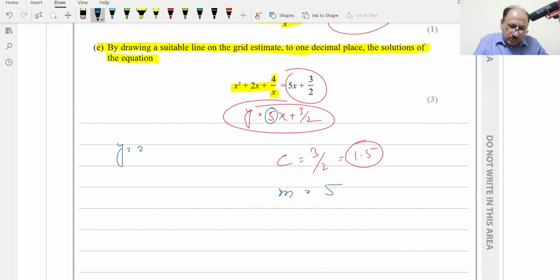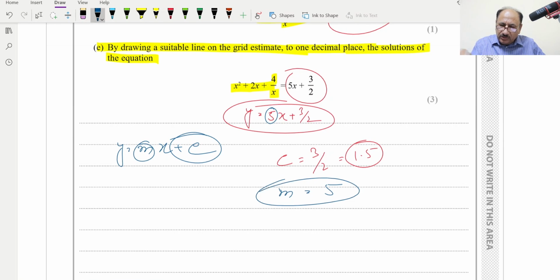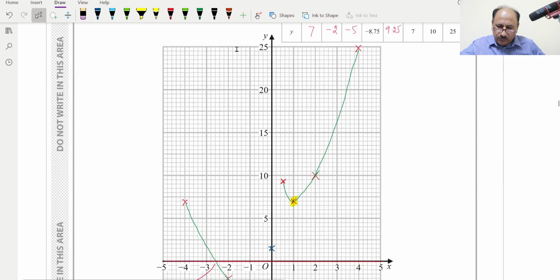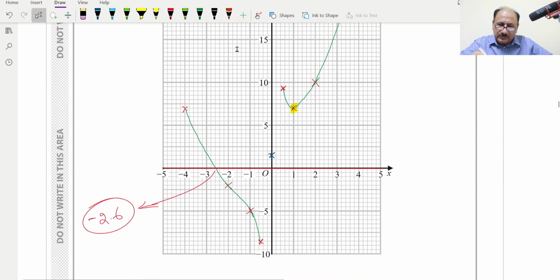Y is equal to mx plus c format. This is the y-intercept, and this is the gradient. So we have taken gradient as 5. So we can take from here rise will be 5 over 1. For example, if I write m is equal to 5 over 1, this will be our rise value, and this will be run.